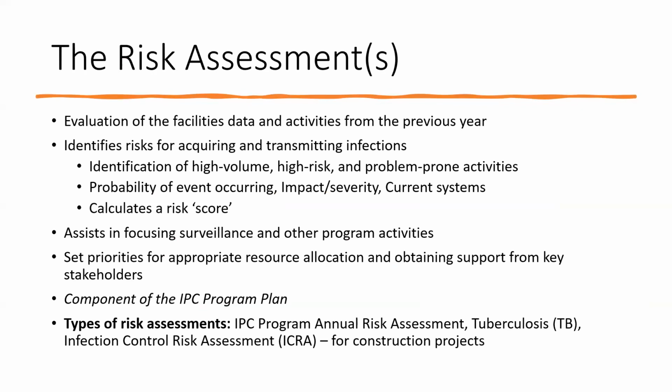Let's look here at the risk assessment. It prioritizes and documents risk for evaluation and action planning, and it serves as the starting point of a well-developed infection prevention plan.